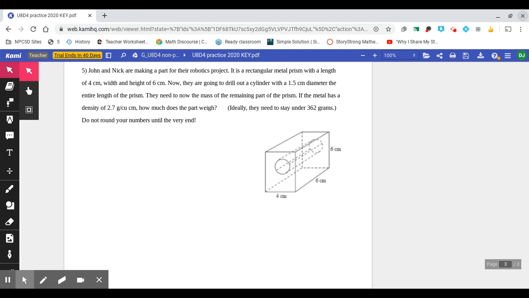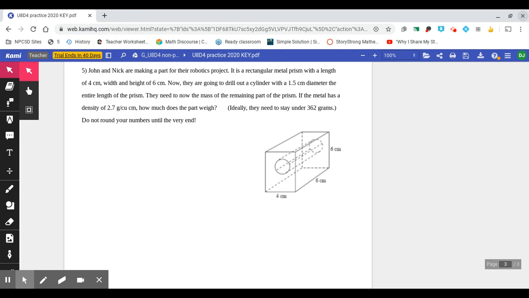And we have to try to figure out how much mass that piece is going to be after you drill out, obviously, that core cylinder center. So we're given the density of this metal, and ideally they're trying to stay under 362 grams.